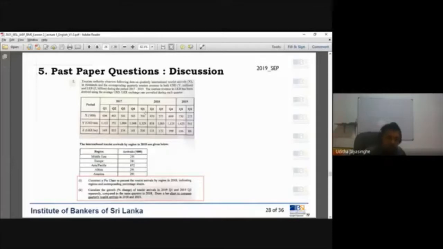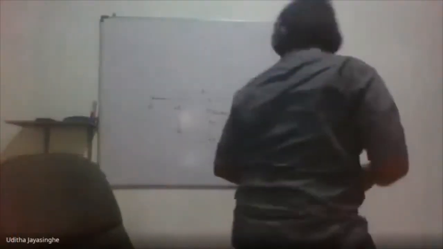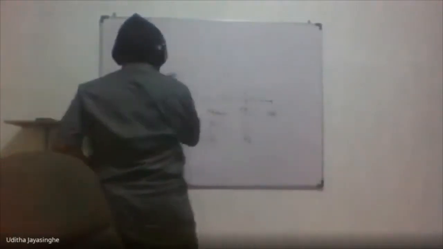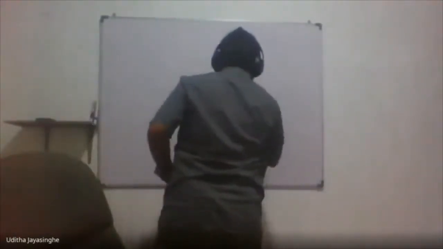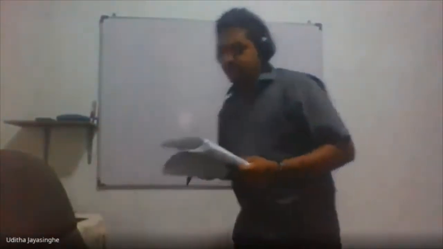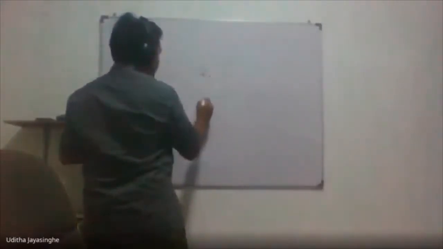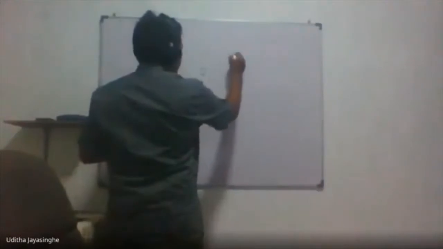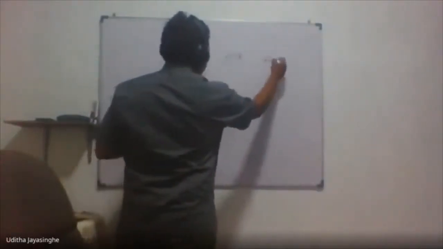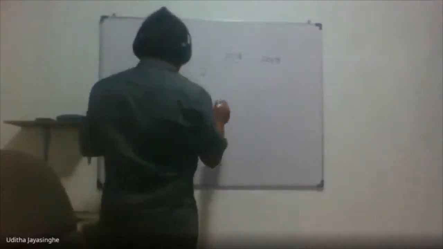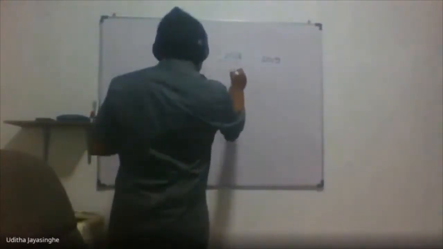Okay. If I just quickly try to use the board here for explanation. I have the values for 2018 and 2019 quarter one and quarter two as follows: 2018 quarter one is 700.